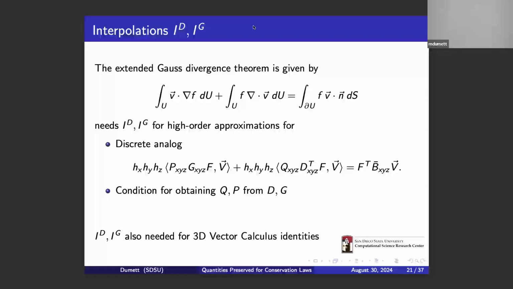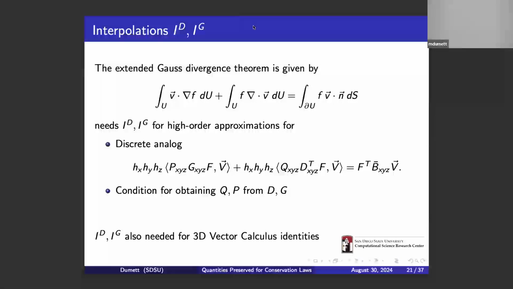I hide certain things because in 3D you see clearly that quantities are in different places. They are on faces, on edges, and so you need to work with interpolations, and that justifies the introduction of interpolations. Also, the conditions that I mentioned before are constructed by interpolations, and also, if you want to prove vector calculus identities in the discrete sense, you will need those interpolations.